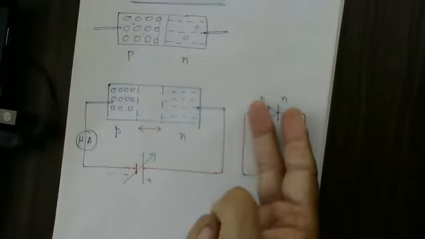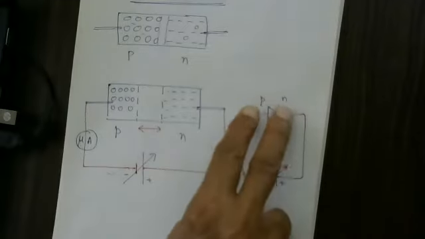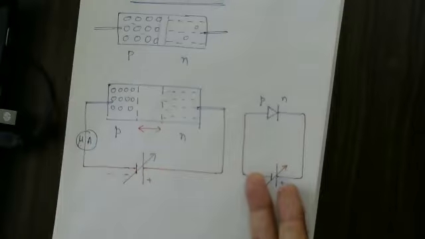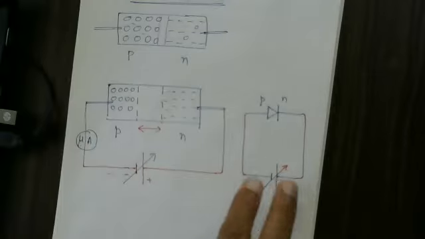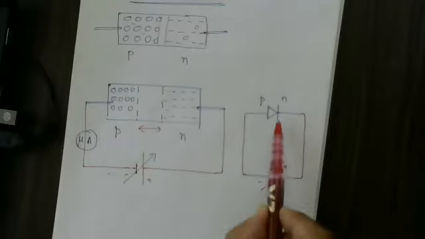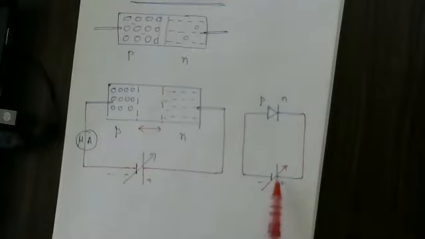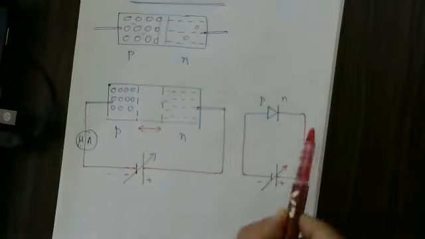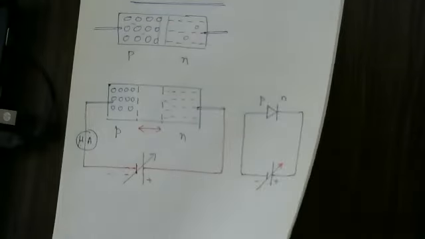Either you change the polarity of the diode or the polarity of the cell, then it converts into forward bias. If P is connected to the positive and N to the negative, then it is forward bias. But here, P is connected to the negative and N is connected to the positive, therefore it is called reverse bias. This connection is called reverse bias.